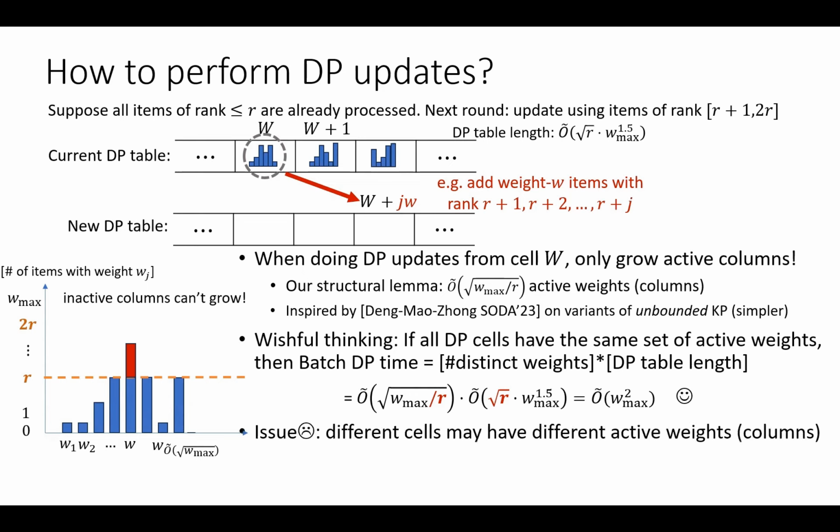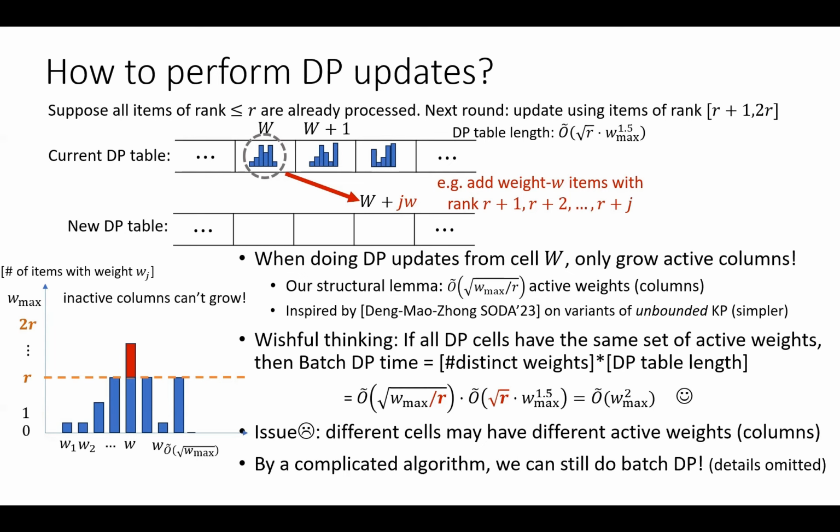But the issue is that in reality, different cells in the DP table may have different active weights. Although in each cell there are only very few of them, the union of the active weights across all the DP cells could still be very large. And our main technical component is a very complicated algorithm that handles this issue, so that even if the union of these active weights is large, we can still do batch DP, and the time bound would still be the same as before, which only depends on the upper bound of the number of active weights inside each individual DP cell.